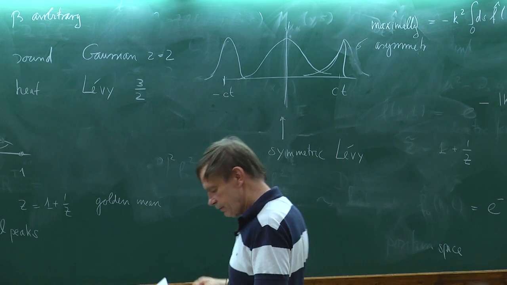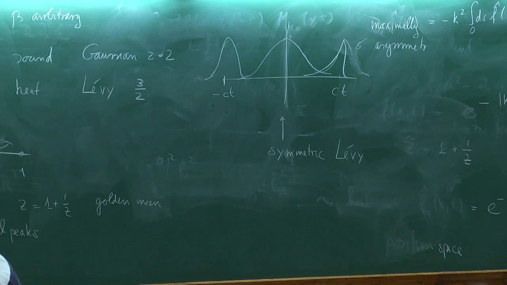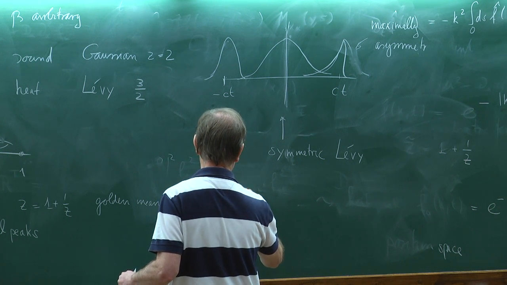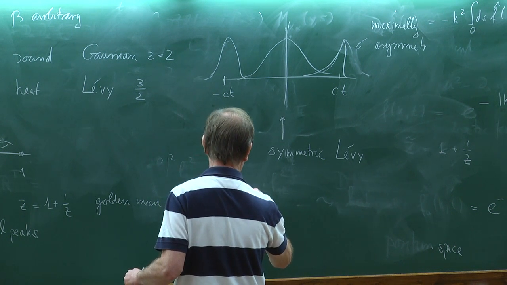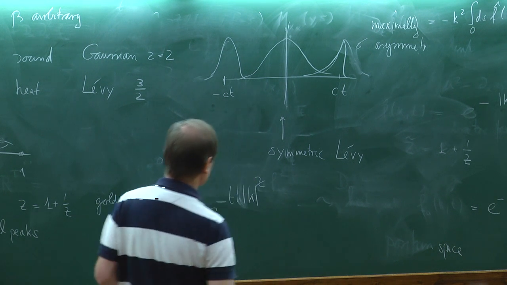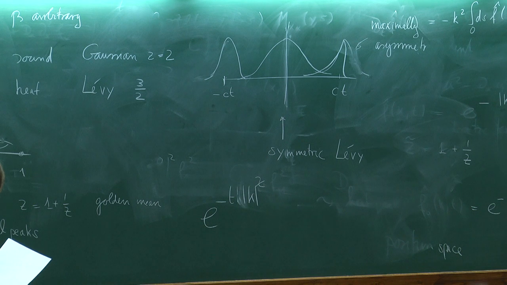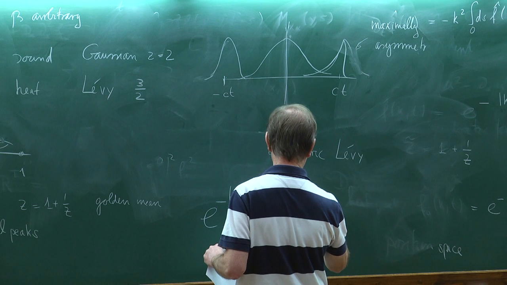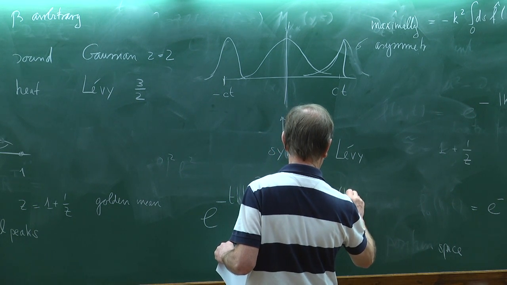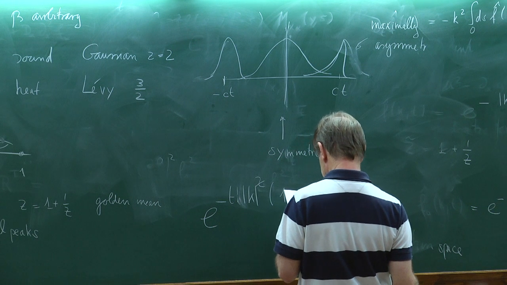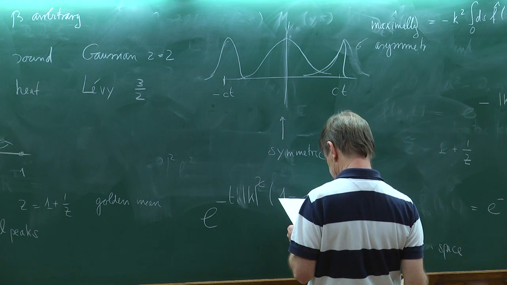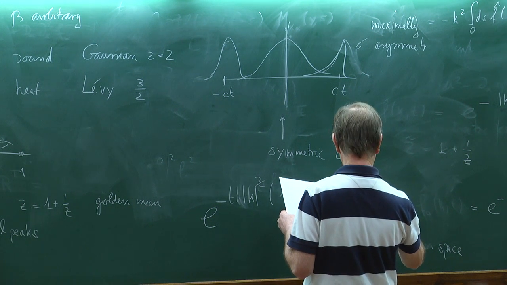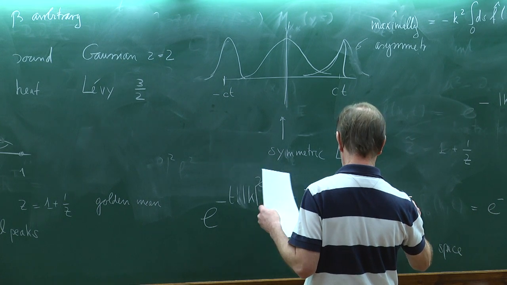What I mean by maximally asymmetric, the last thing I want to say, is the following. Your scaling function looks like e to the minus k, well, there's a t here, then k to the golden mean, so let me call this chi, for instance. But then there's also an imaginary part, which is 1 minus i, the sign of k, and then you have the tangent of 1/2 pi chi.